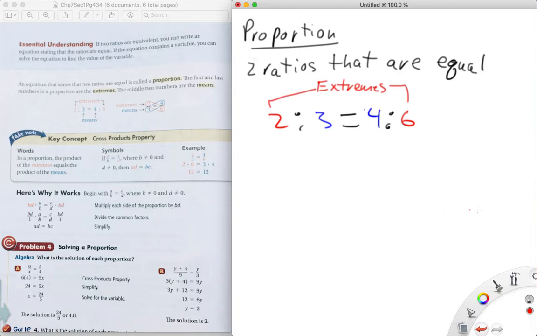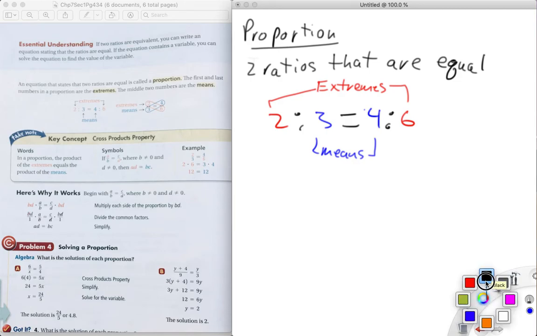The first and the last terms are called the extremes. The inside terms are called the means. Right. The extremes are the first and last terms, and in the middle, the inside terms are called the means.